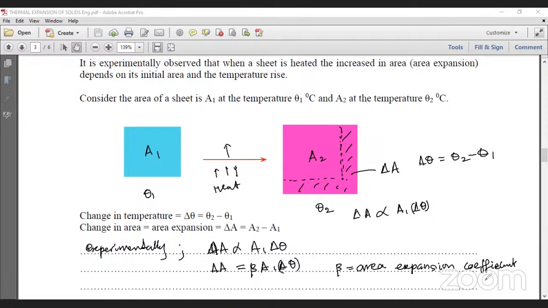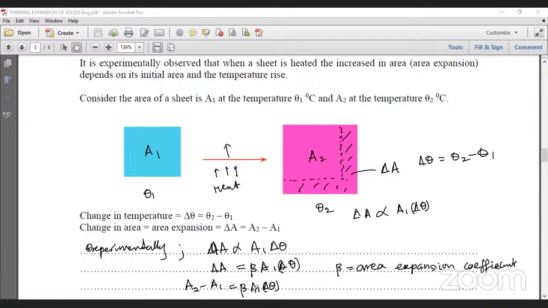This is similar to alpha. The unit is the same, but the value will differ. Delta A equals A2 minus A1, so we can write A2 minus A1 equals beta A1 delta theta.